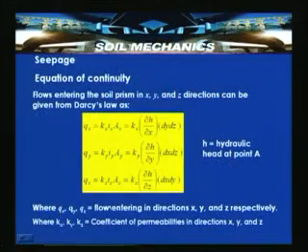Here qx, qy, qz are the flows entering in the x, y, z directions respectively, and kx, ky, kz are the coefficients of permeability in the x, y and z directions. Because the flow occurring in the x, y, z directions is not equal, owing to anisotropic conditions, we consider kx, ky, kz. If kx is equal to ky is equal to kz, then for the isotropic case we can say kx = ky = kz = k.